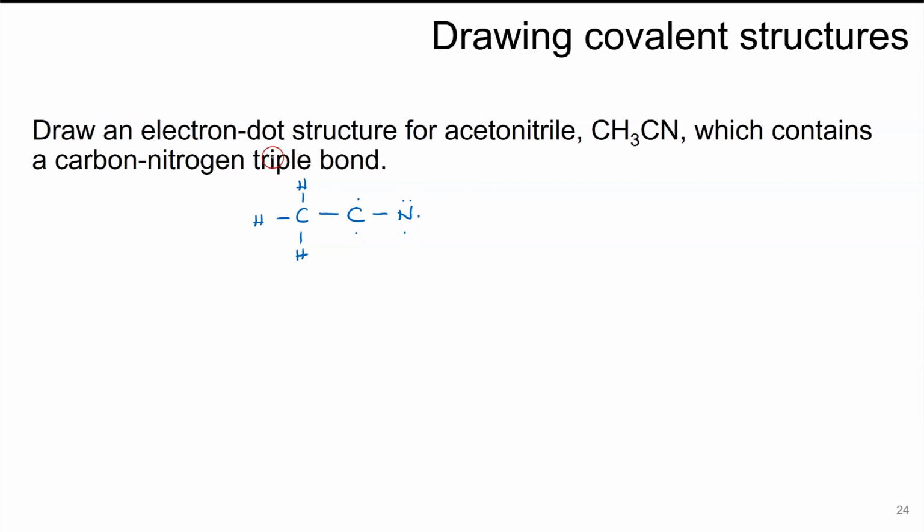And we're told that the CN has a triple bond, so those electrons come here, these come here. And then I have a lone pair left over. And that's how we would draw the triple bond in this structure.